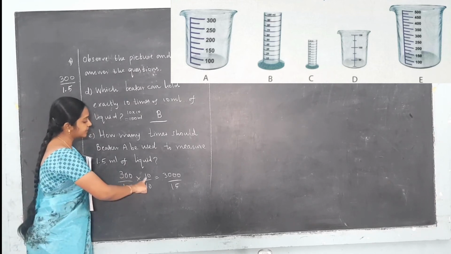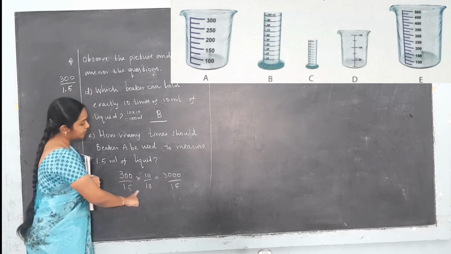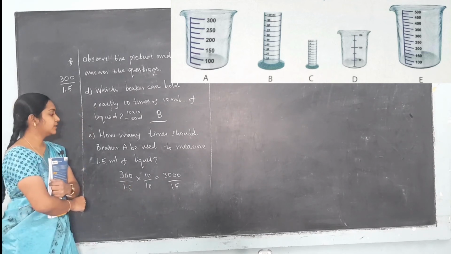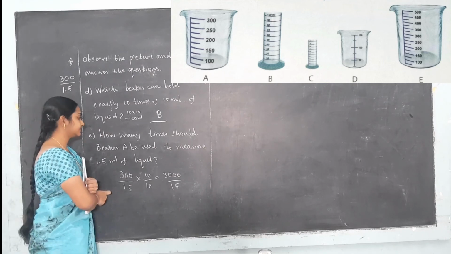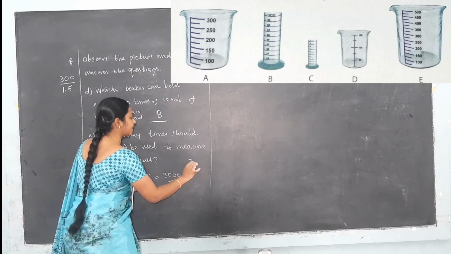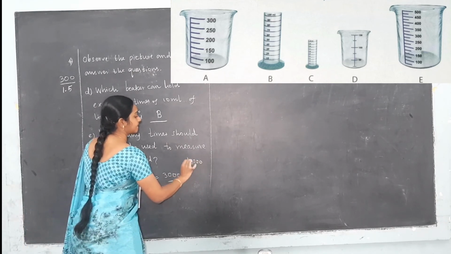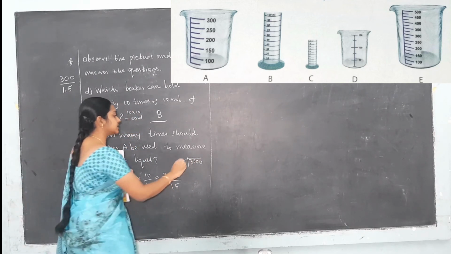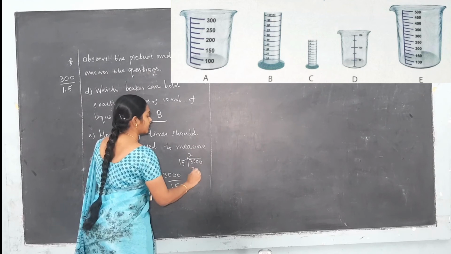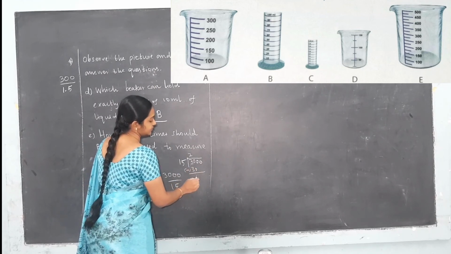We have to divide 3000 by 15. 2 15s are 30. 30 minus 30 is 0.